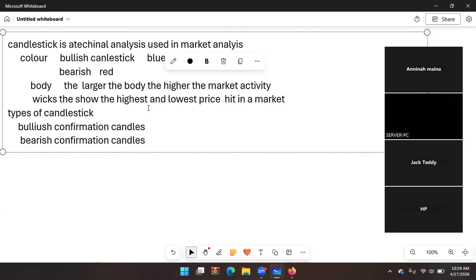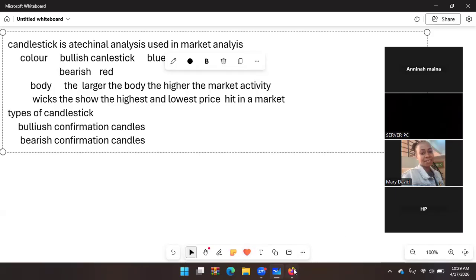And where do we enter a market in a bullish market? A higher low. So when we talk about the bullish confirmation candles, these are the candles that we are now going to identify on a market.